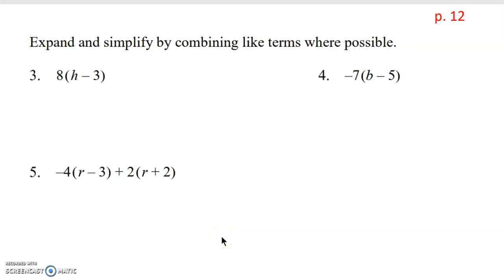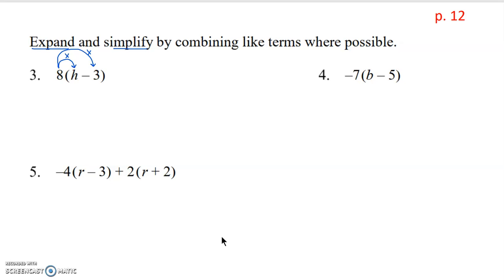So we're going to expand and simplify, and we're going to do that through distributing. So first up, whenever we see brackets, as in number 3, 4, and 5, our first order of business is to clear those brackets. And the only way to clear the brackets is to distribute the number that's in front of them, this 8, for example. We're going to multiply that by the first term, and we're going to multiply that by the second term.